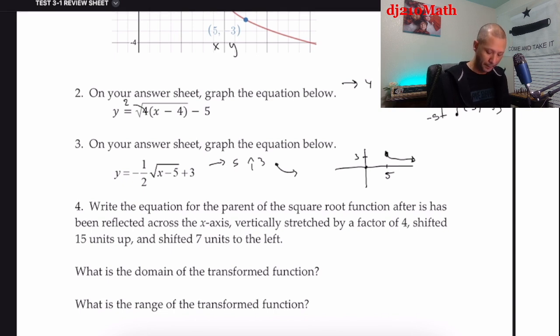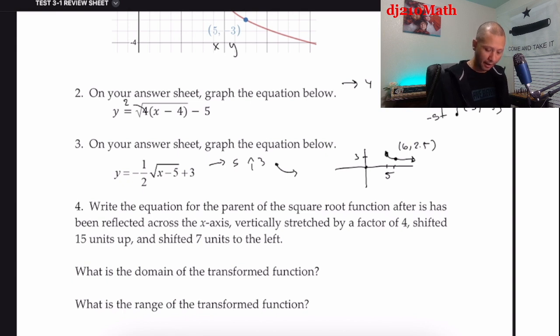All right, and if we pick a point just to the right of 5, so 6. 6 minus 5 would be 1. Square root of 1 is 1. And times negative 1 half is negative 1 half, plus 3. So 2.5 basically. So at 6, this is going to be 6 comma 2.5.